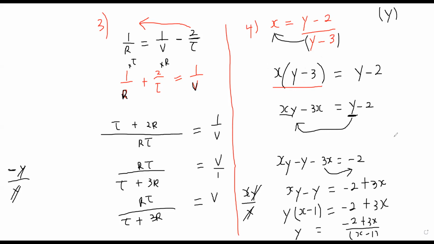Good. So the objective is to factorize. We want to factor out the y, so we need to put terms that involve y together in order to factorize. We have this xy and we have this y by itself. We need to group these two together. So I'm taking over this y here.